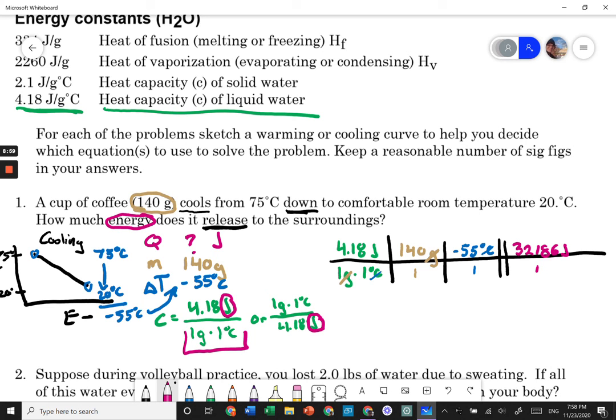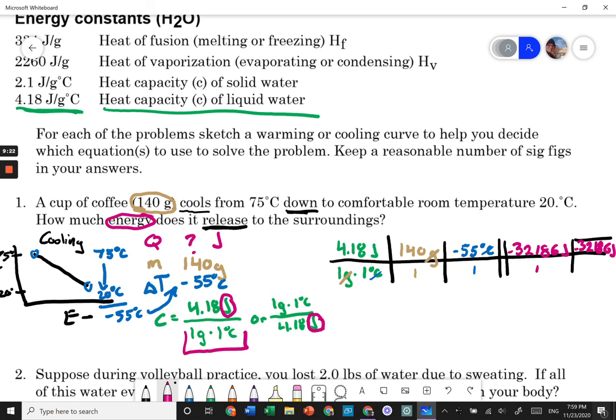Now on the bottom I have this 1 times 1 times 1 times 1, so I end up with 1 on the bottom. If I wanted to, I could carry on a little bit further and write 32,186 joules by dividing the top by the bottom. And that's going to give us our final answer of 32,186 joules. Oh, and that's going to be negative because we are multiplying by a negative number.